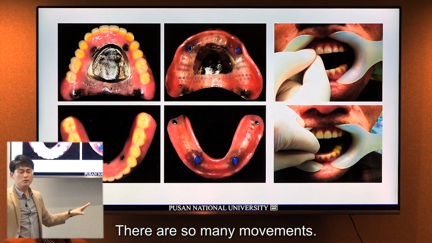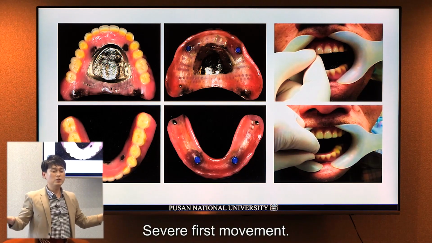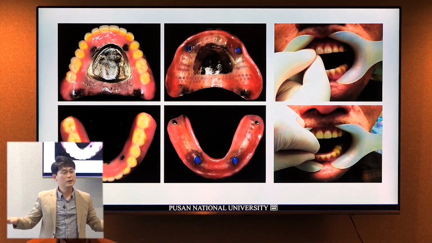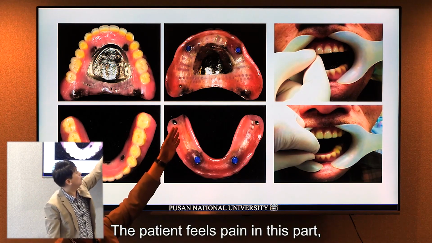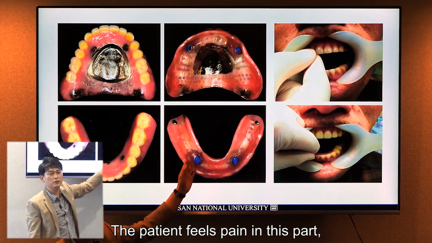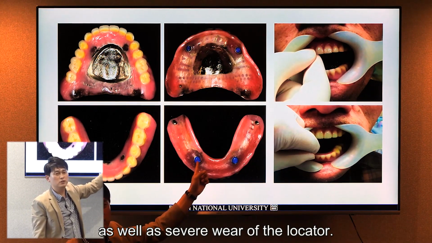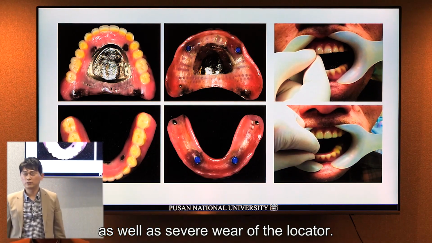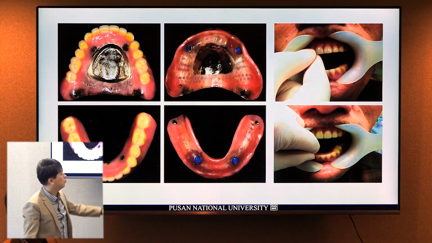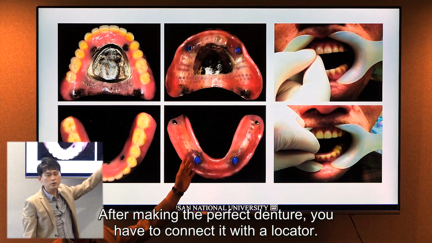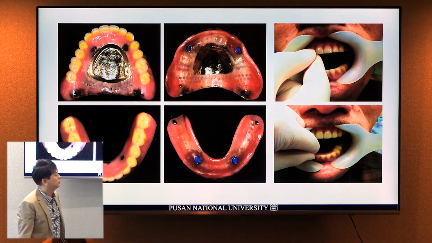There is so much movement, severe burst movement. The patient feels pain in this part, and you can see the severe wear of the locator. Understand? Yeah. So after making a perfect denture, then you have to connect with the locator. It's very important.